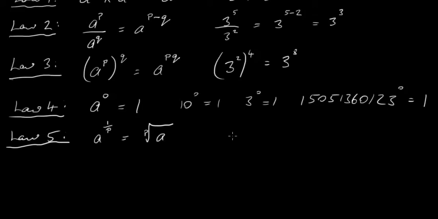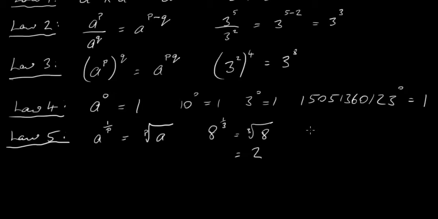So for example, if you have, let's say, 8, and we'll say that's to the power of 1/3, that is simply the third root of 8, which is 2. 2 times 2 times 2 will give you 8.